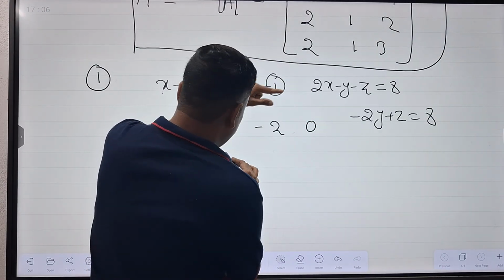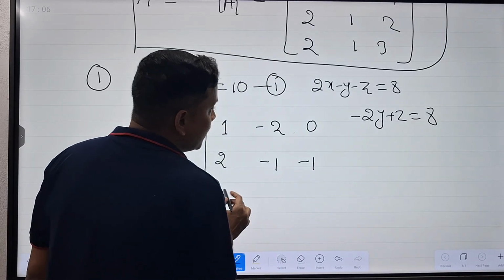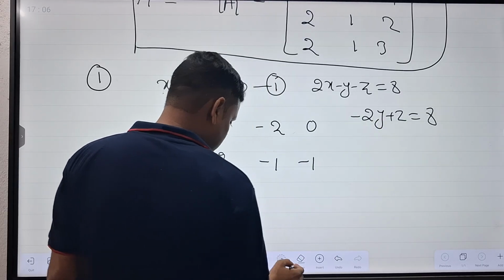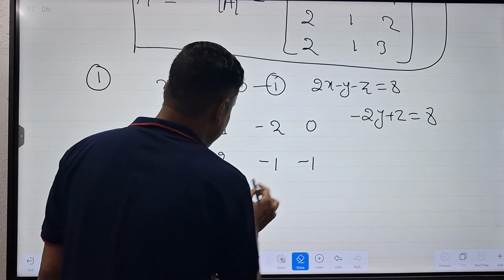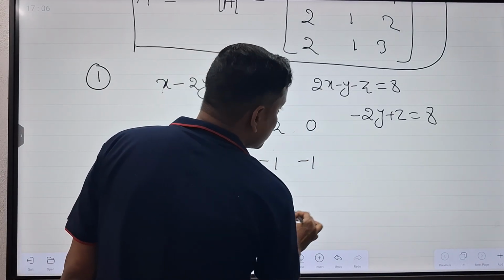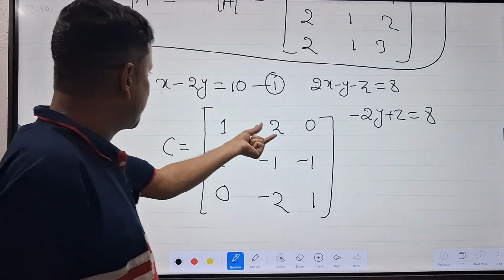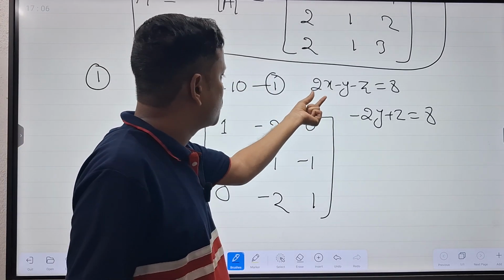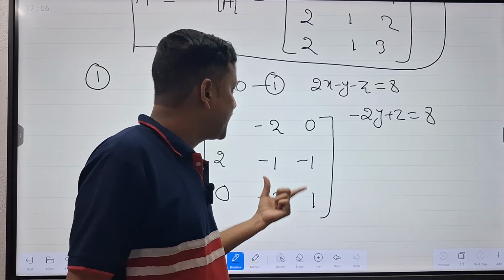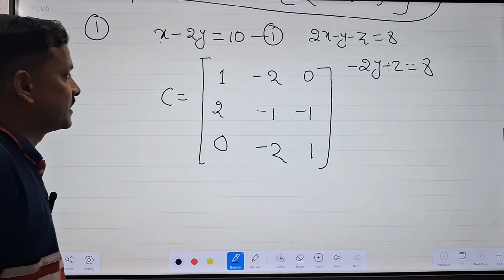For the next equation, 2, minus 1, minus 1. For the third, there is no x term, so this will be 0 for x, minus 2 for y, and for z 1. Yes, this is the coefficient matrix.